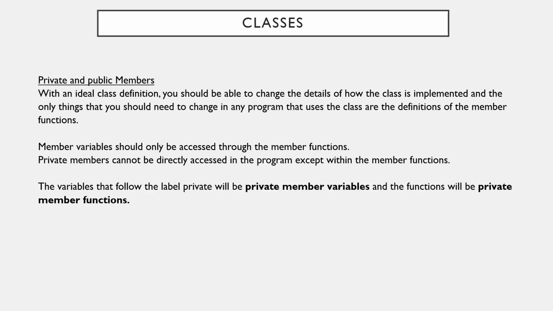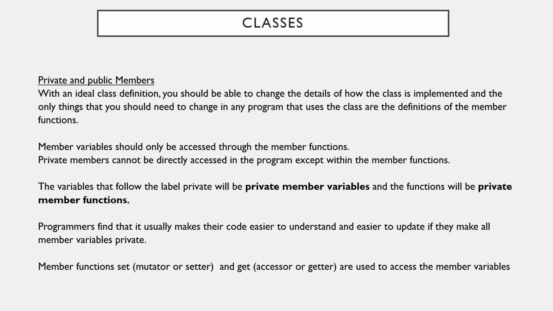What you use are mutator or setter functions to change the values, and accessor or getter functions to get the values. So you don't want to have anything outside of your class access your private member variables. You make them private, and then for each private member variable in your class, you create accessor and mutator functions so that your class has control of the private data.